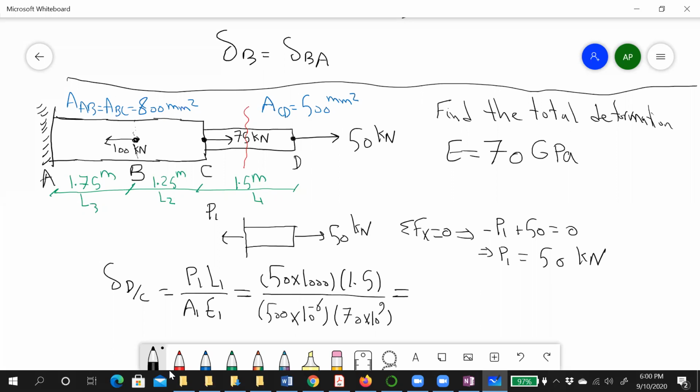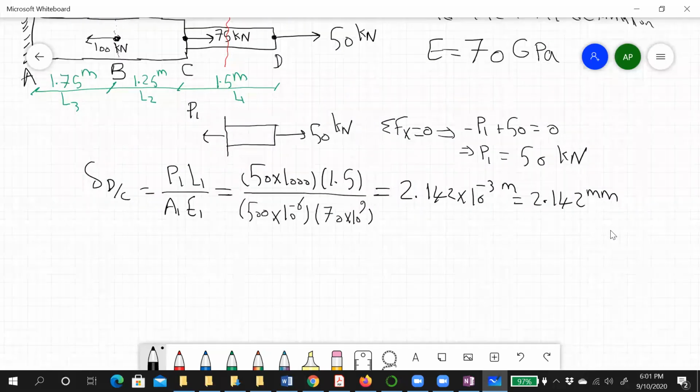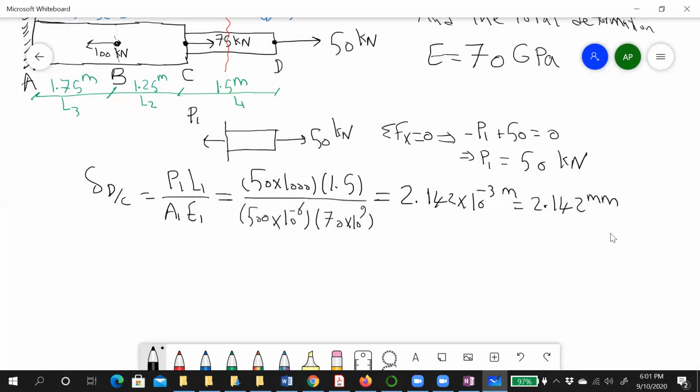If we solve this, the answer would be 2.142 times 10 to the negative 3 meter, or 2.142 millimeter, right? Does it make sense? Yes. Okay, now section CB.